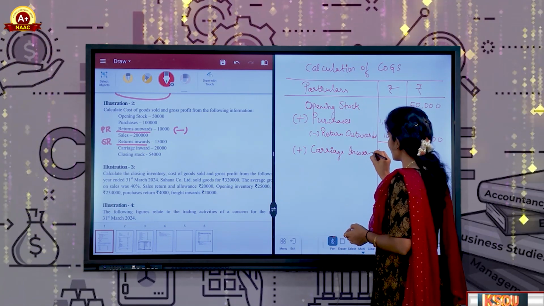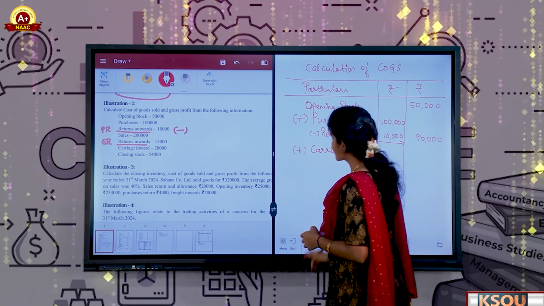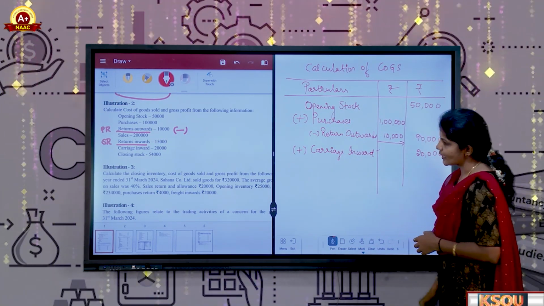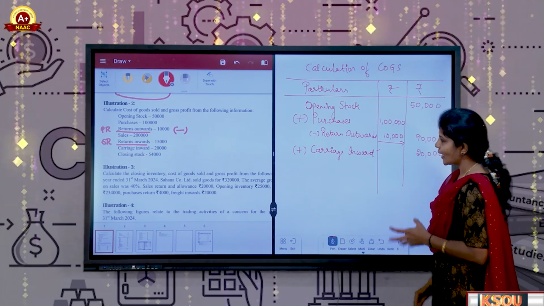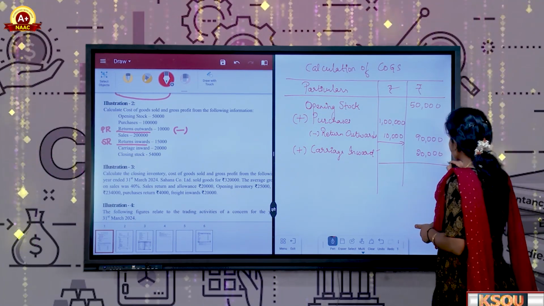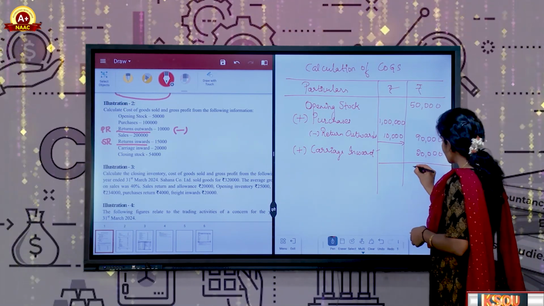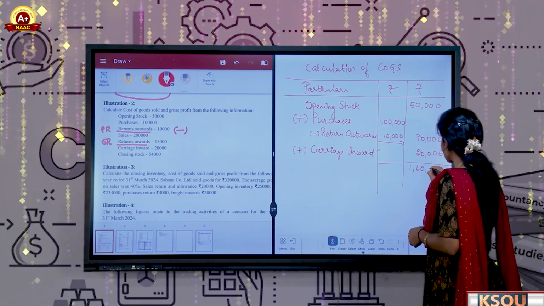The amount of carriage inwards is 20,000 and no other items. So let us take this total, 50,000 plus 90,000 plus 20,000. It is 1,60,000.